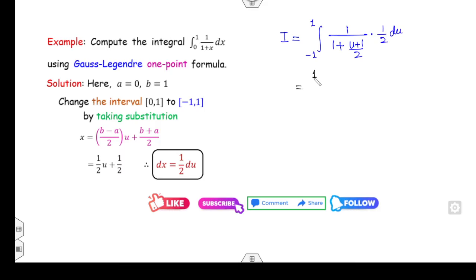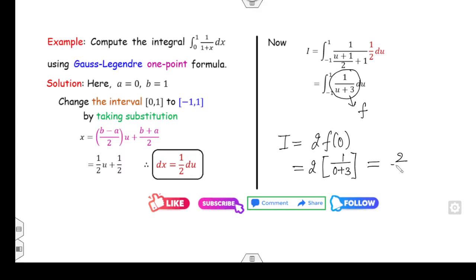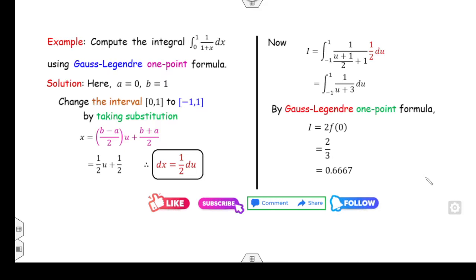Now you can take the LCM. 2 will be cancelled out. U plus 3 of du. Now this is my f. So by using the 1-point Gauss Quadrature formula, it is twice of f of 0. So what is f of 0? 0 plus 3, answer is 2 over 3 is the right answer of the problem.